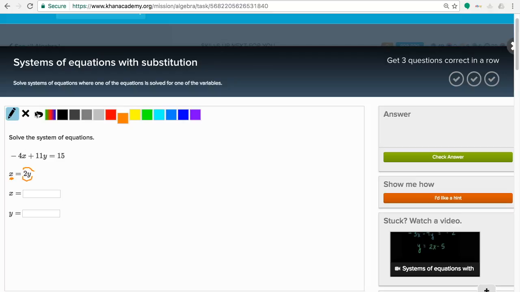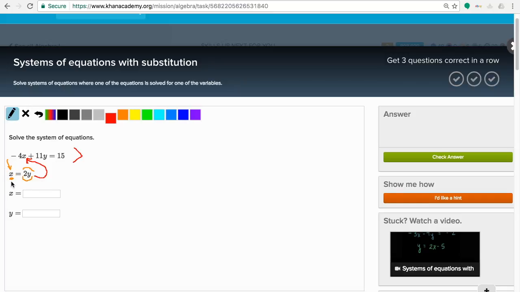So what we know to look for when we see something like this is that we've got the x completely by itself equal to something on the other side, which we can easily take and put into the other equation. So since we know that x equals 2y, we can take 2y and push it into the other equation so that we can rewrite it with nothing but y's. And so check out what that looks like.